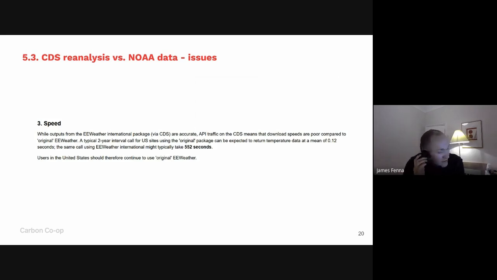Through the Climate Data Store, it's extremely slow, partly because of the traffic on the site. It's used extensively in academia. It can take up to 552 seconds. So we've recommended that users in the United States should continue to use the original EE Weather, the NOAA API, for that reason.